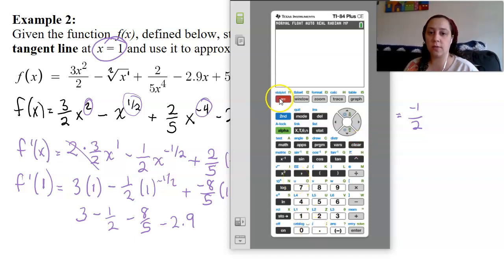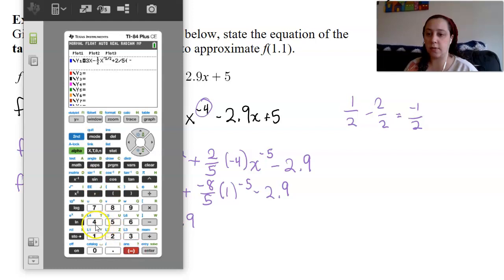I'm going to go to y equals, 3x minus... let me put it in as a fraction so I'm not making any mistakes. 1 divide 2x exponent -1/2. Move out of the exponent, plus 2 divide 5, parentheses -4, x exponent -5 minus 2.9.